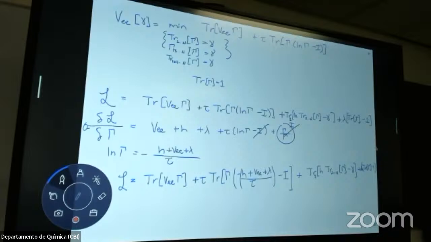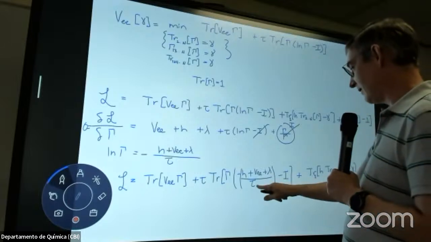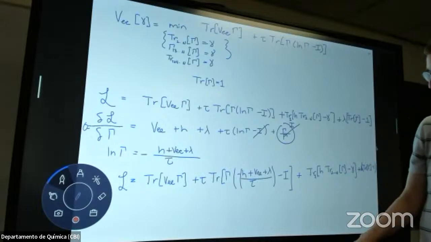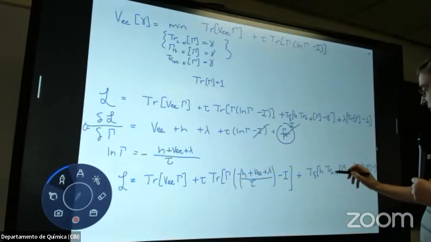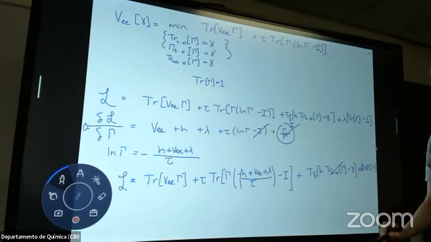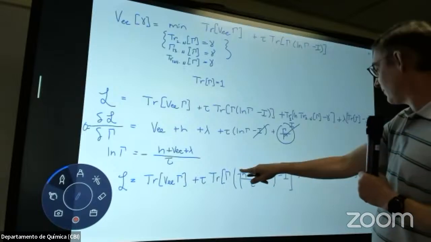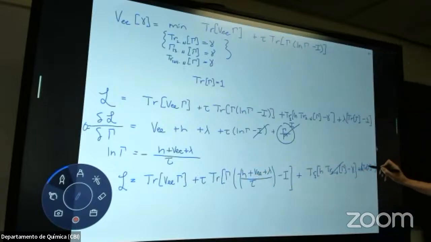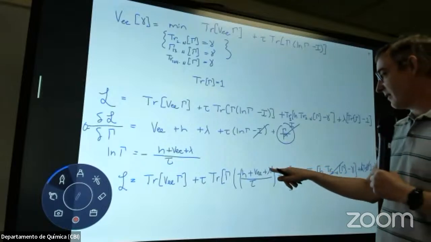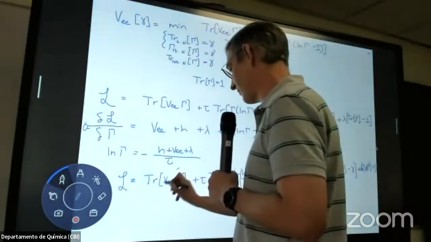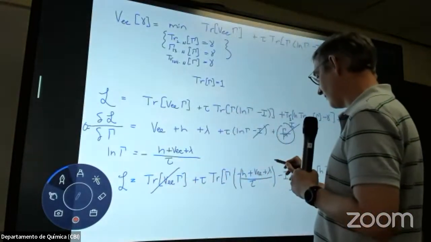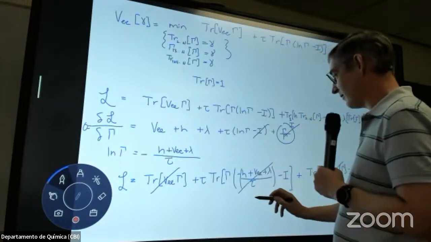Now, if we observe here, this tau and this tau will cancel each other out. I have a minus H gamma and I have a plus H gamma. So this term goes away. I have a minus lambda gamma and a plus lambda gamma. So this term goes away. I have a VE minus times gamma and a VE plus times gamma. So this term goes away. And then all of this stuff goes away.